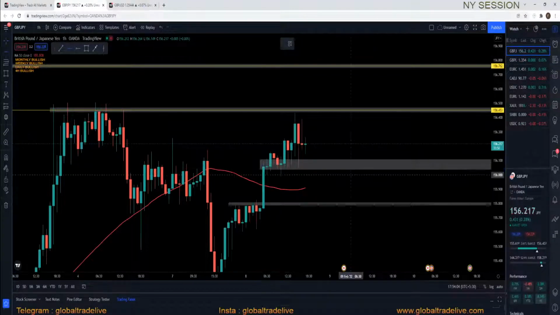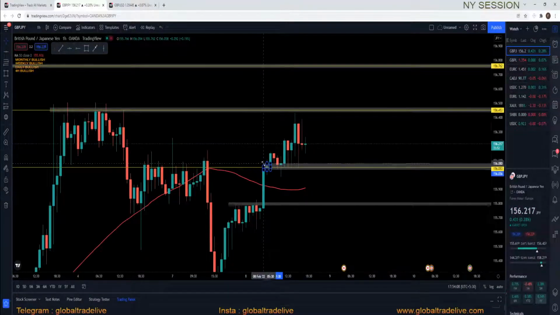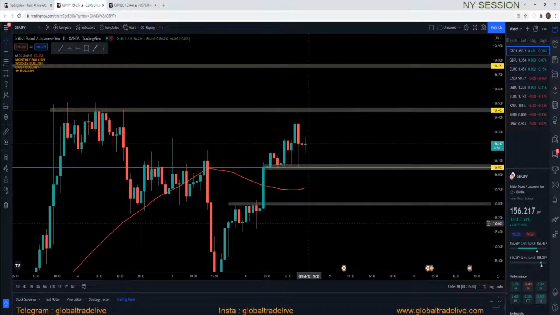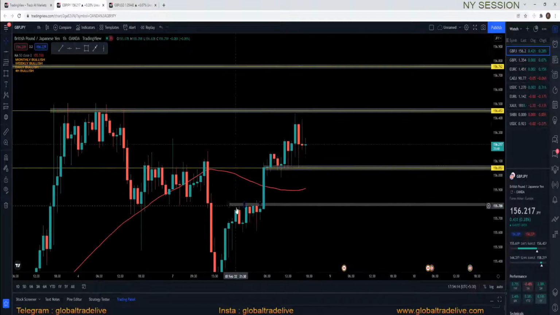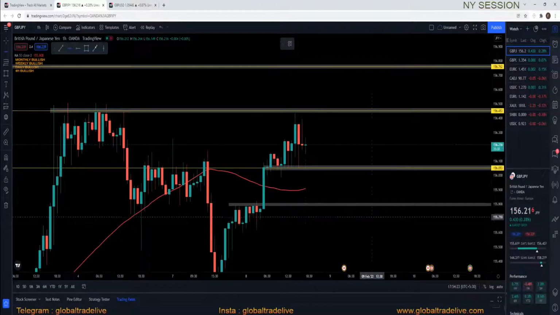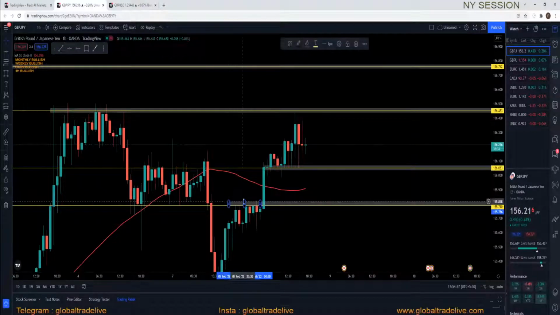Okay, so we have our area of support marked at this point, right? Sorry, this was our first support, and once this support is broken, this will be our second support over here, which will be our target.